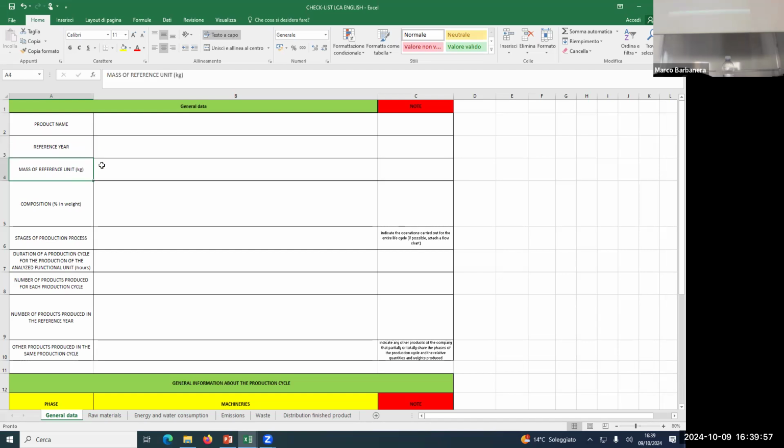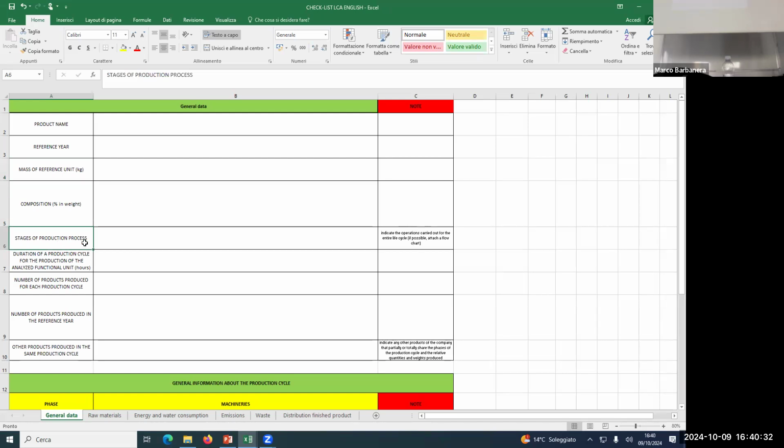Then, for example, the mass of the reference unit. So if we want to consider the LCA of a product, I don't know, of a smartphone, it's important to know also the mass of the product of the analysis. The composition is another important information to ask the company: the percentage and weight basis of the different materials of the product.